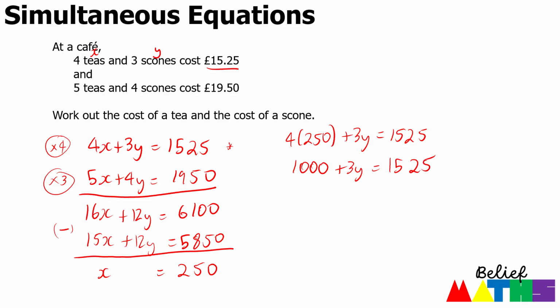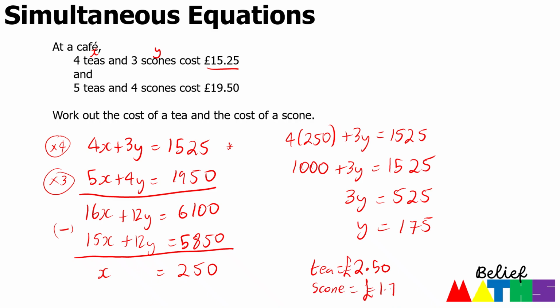Take away 1000 on both sides, that gives us 3y is equal to 525. And then dividing both sides by 3, y equals 175. So therefore t, which was my x value, as I saw at the start, is £2.50. And a scone is £1.75. And that gives us our final answer.